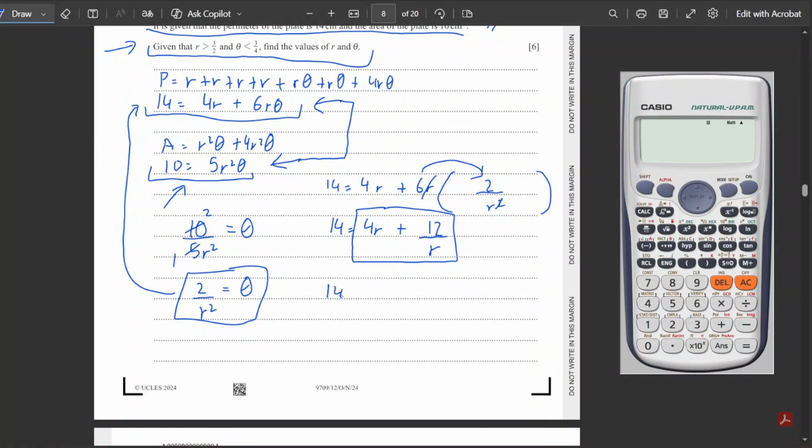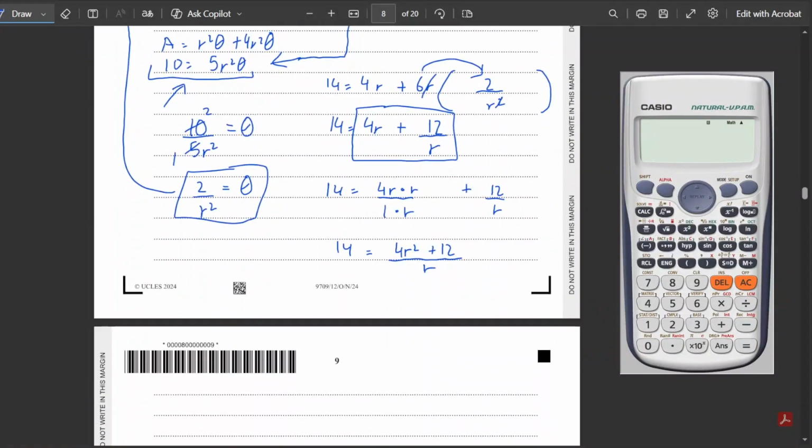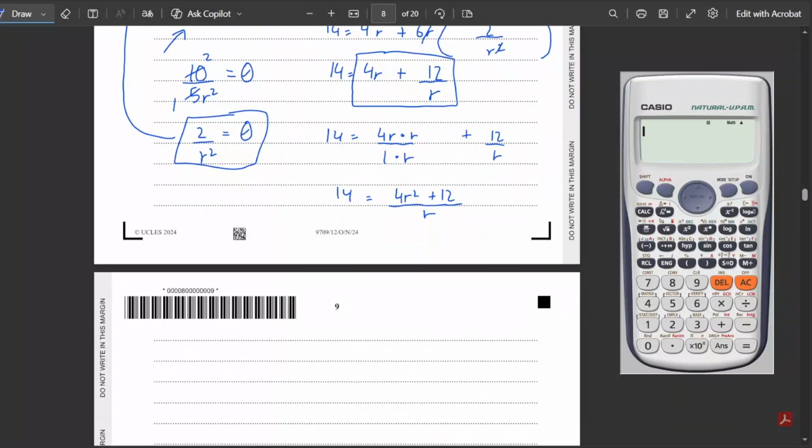So if I do that, I'm going to get 4r times, so over here the denominator is 1, I'm going to multiply that with r. Over here I have 12 over r, and so I have to multiply r over here as well. So I'm going to get 14 equals 4r squared plus 12 over r. Okay, now the r terms have still not been gathered together. So one thing I can do is take this r to the other side.